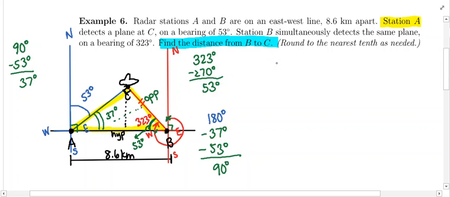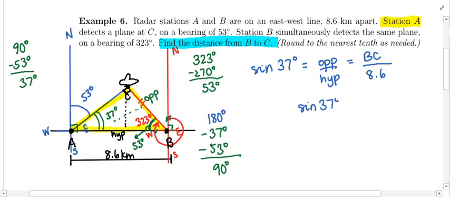So relative to 37 degrees, I know the opposite over the hypotenuse. Opposite over hypotenuse is sine. So the sine of 37 degrees is the opposite, which is our unknown, I'll just call it BC, over the hypotenuse, 8.6 kilometers. So we are left with this trig ratio, and we need to solve for the side BC.